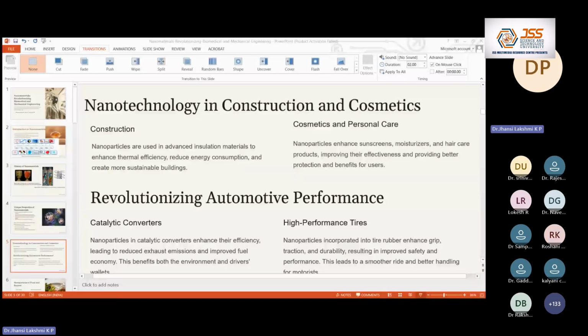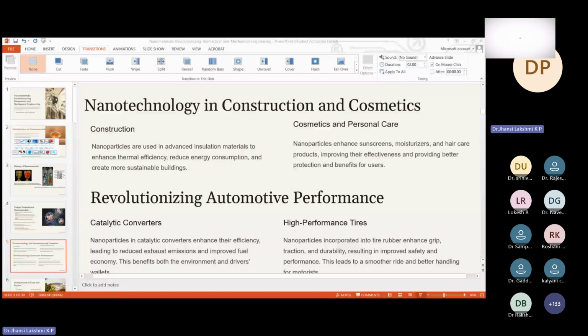So, unique properties of nanomaterials. As we have discussed, there are different properties of nanomaterials. Why are nanomaterial properties different from bulk material properties? It is because of the greater surface area to volume ratio. As particle size decreases, a greater proportion of atoms are found at the surface compared to those inside.